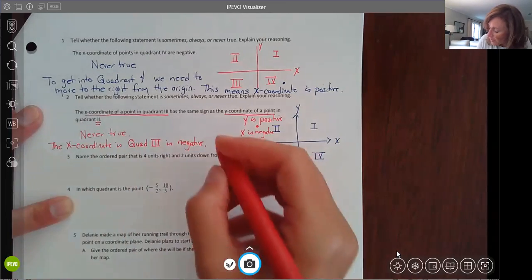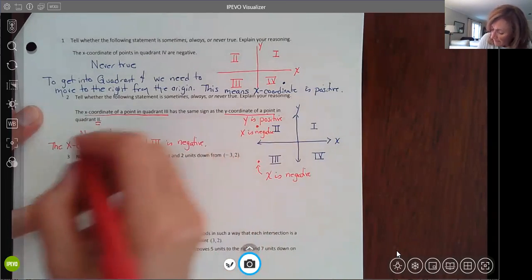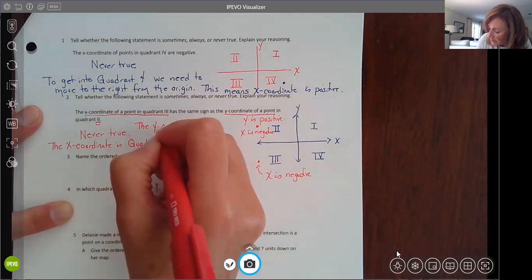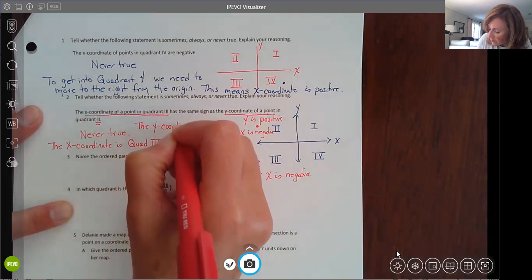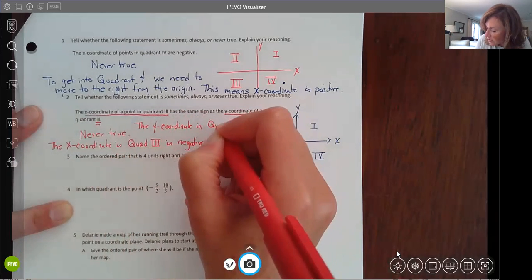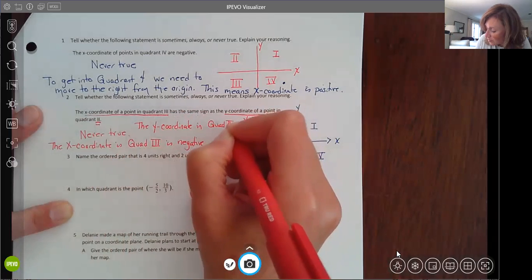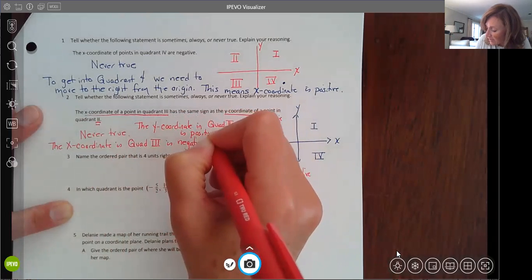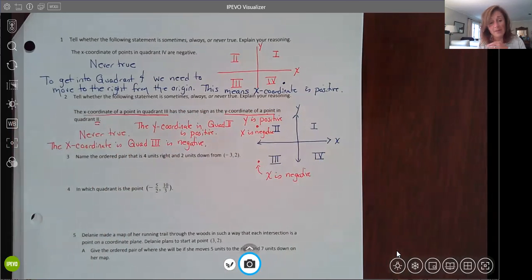I'm running out of room. I'll write it right here. I'll sneak it up here. The y coordinate in quadrant 2 is positive. So their signs are not the same. They're actually the opposite.